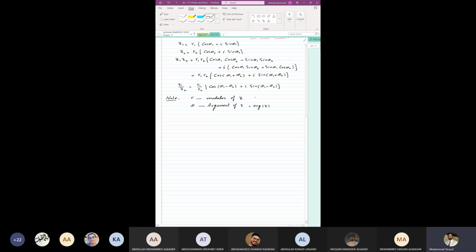And modulus of z is denoted by |z|. So r is equal to |z| and theta is equal to the argument of z.